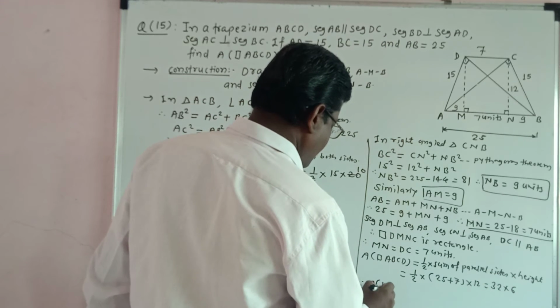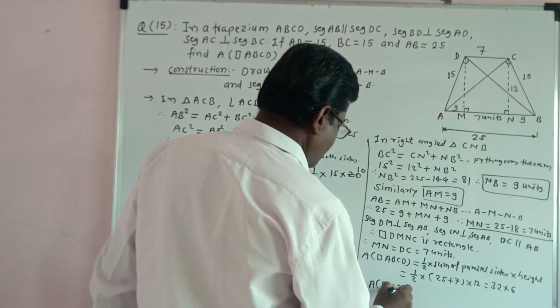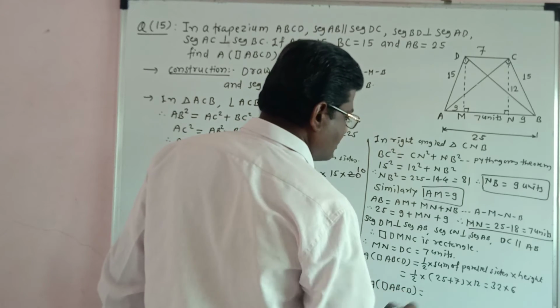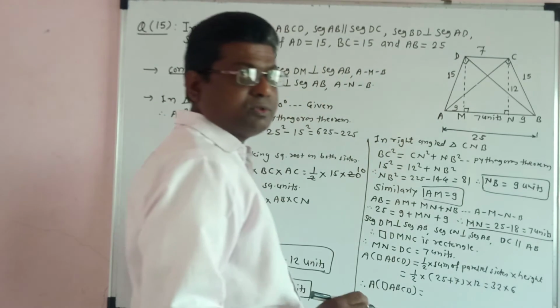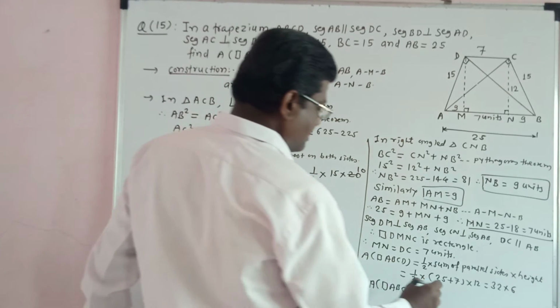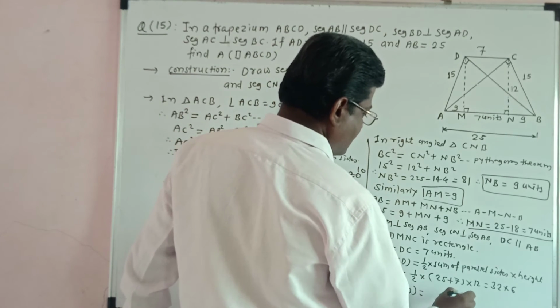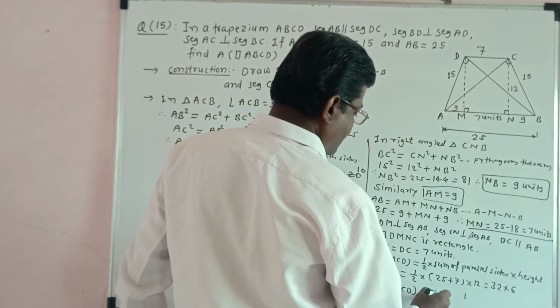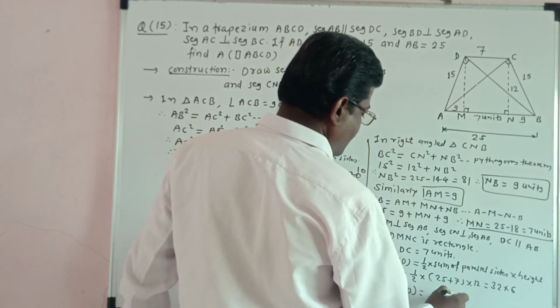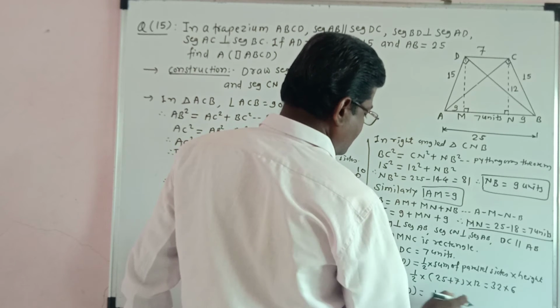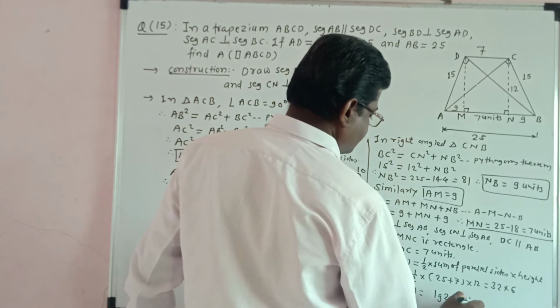Therefore, area of quadrilateral ABCD is equal to 32 into 6, which is 192 square units.